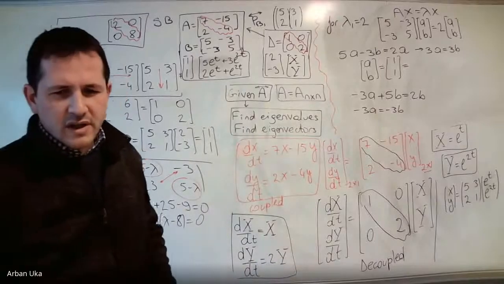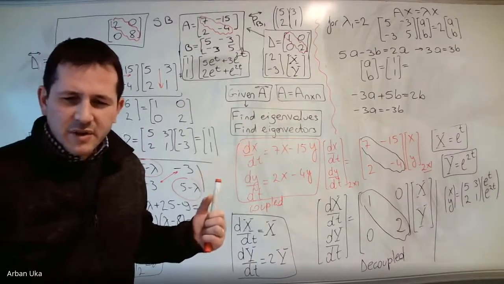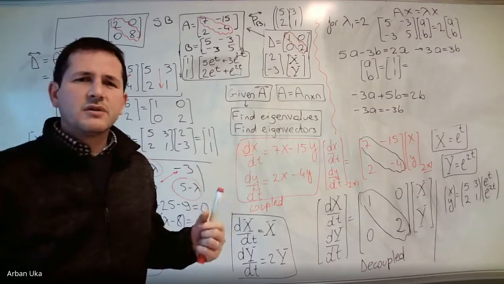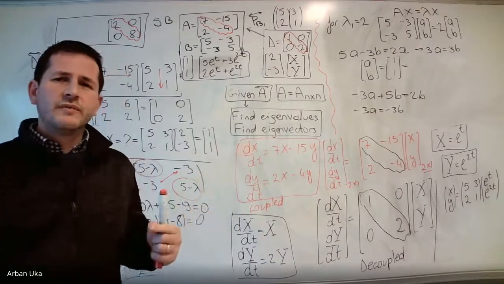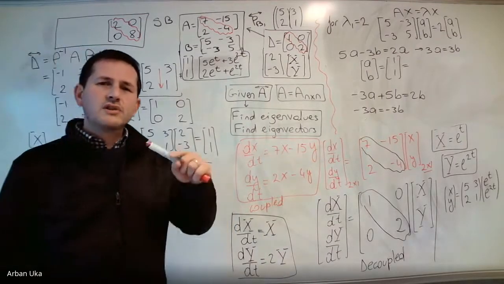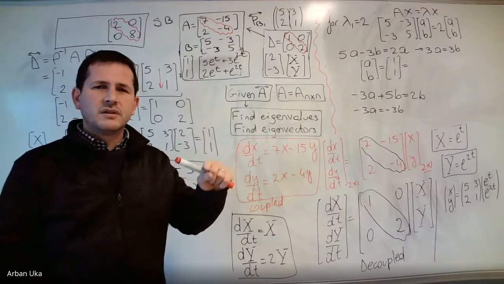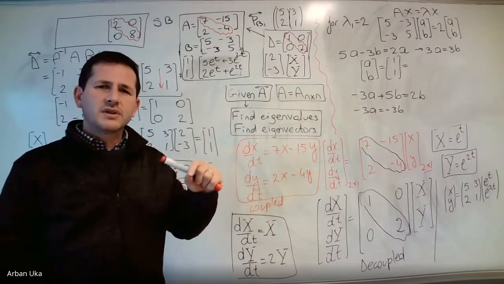Now, do you always get these redundant equations with these matrices? Of course, always, because the determinant is 0. The determinant is equal to 0 whenever we have a useless, redundant equation.